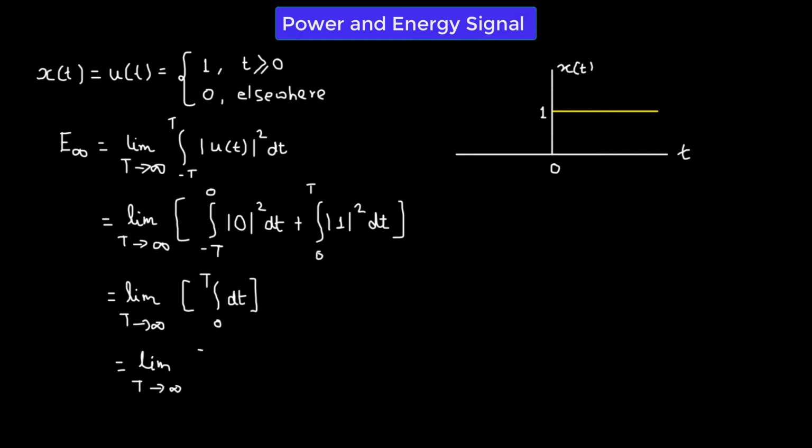The integration of dt is simply t, with limits from 0 to T. Applying the limits, upper limit minus lower limit, gives us limit T going to infinity of T, and this value is infinity. So that means the unit step signal has infinite energy. That is because this integral does not converge.